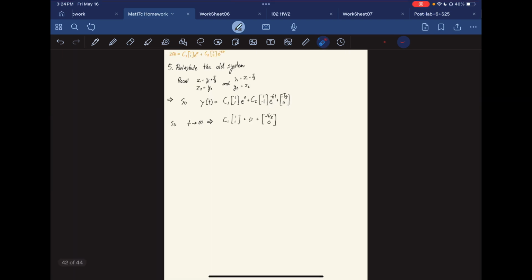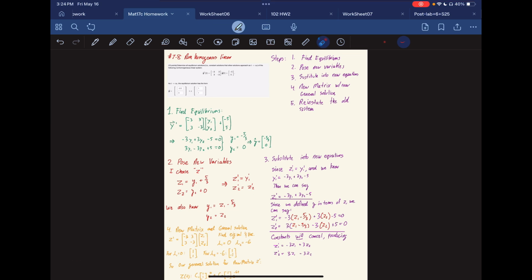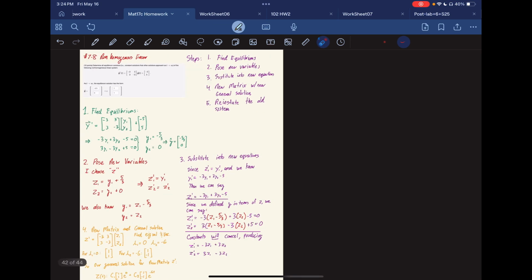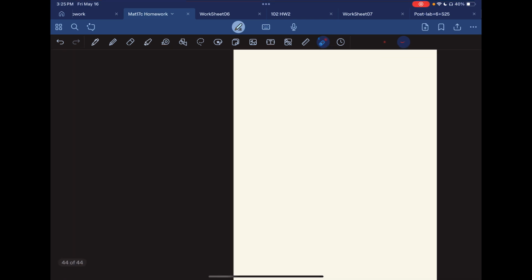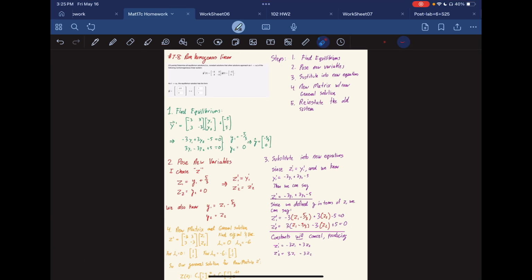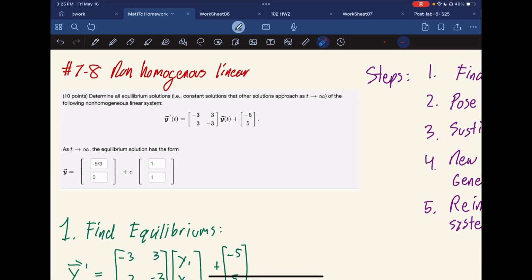So I've made it as succinct as it can be, which is not very succinct, but it's the best we have in this situation. So first off, we're dealing with non-homogeneous linear equations. What the hell is a non-homogeneous linear set of differential equations?